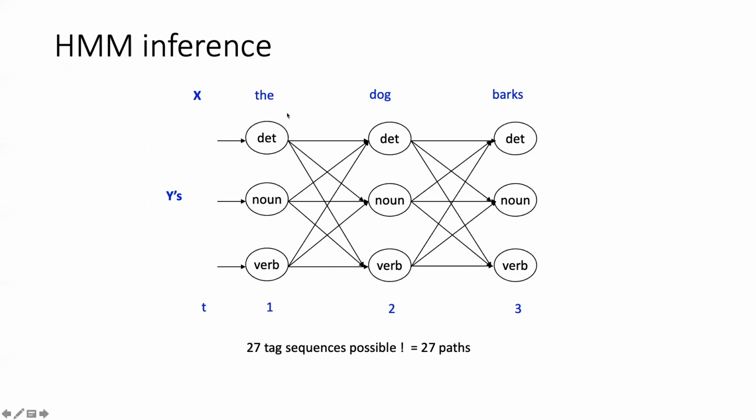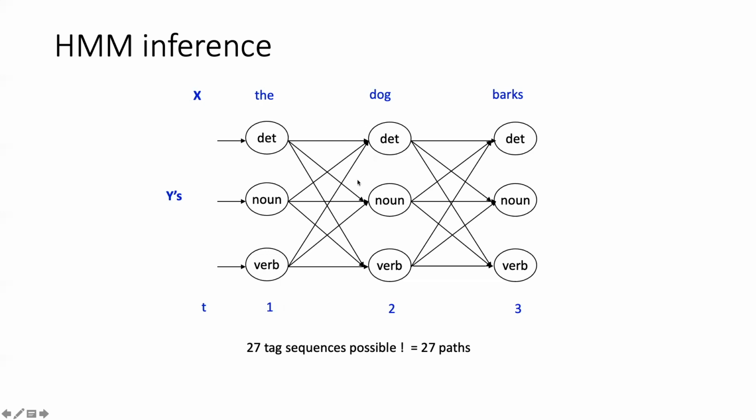This is the trellis diagram of the HMM where the states are indicated here, and going from left to right indicates the instances of the sequence, 1, 2, and 3. For the given sentence, the dog barks, we have to find the best possible state sequence it generated.